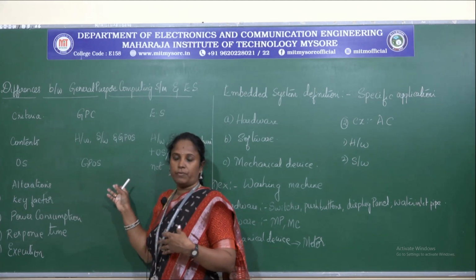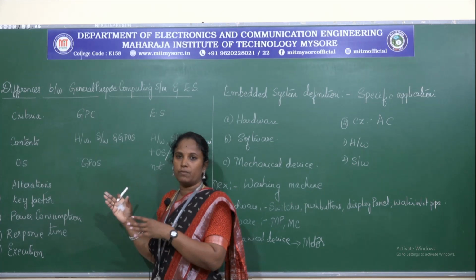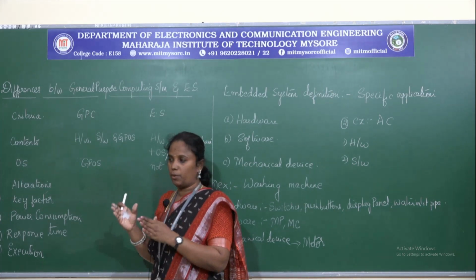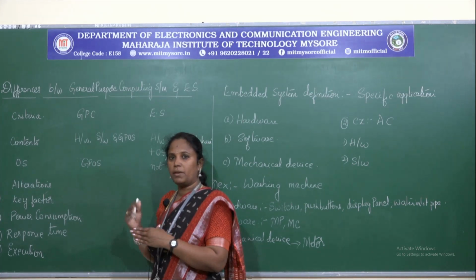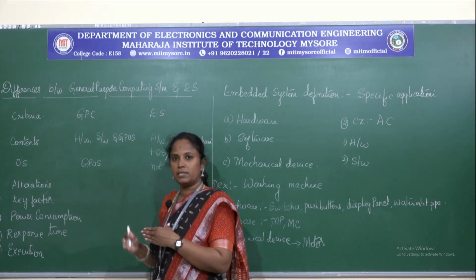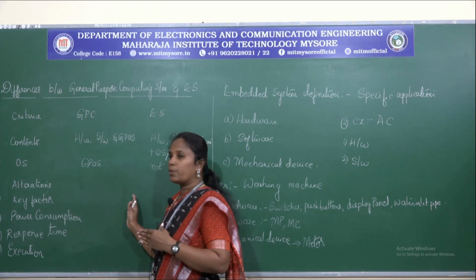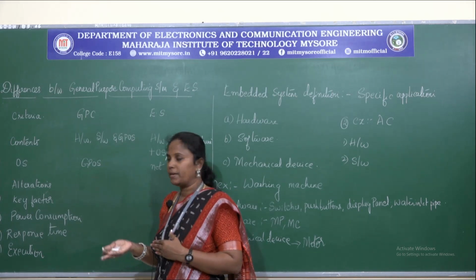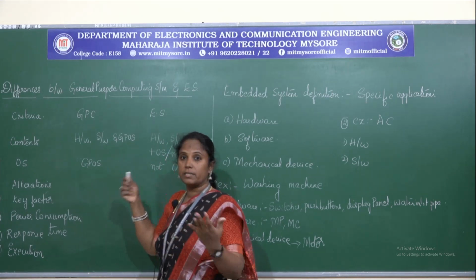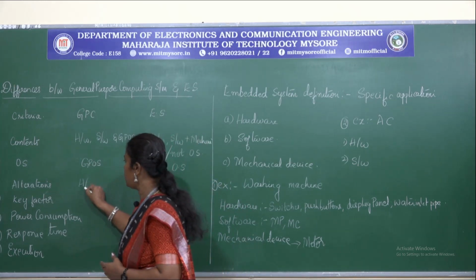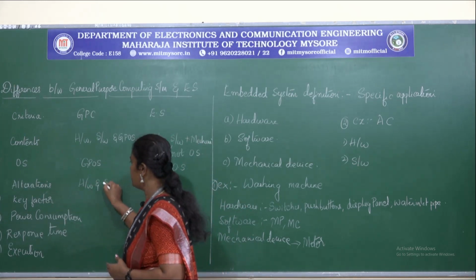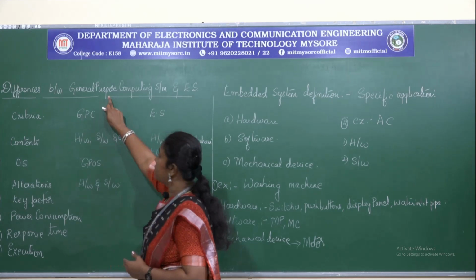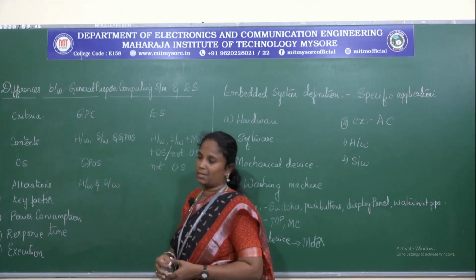If you have designed your system for performing an operation, the same can be reframed. You can change its hardware, reprogram the software and use it for another application. So alterations can be done with respect to both hardware and software in a general purpose computing system.